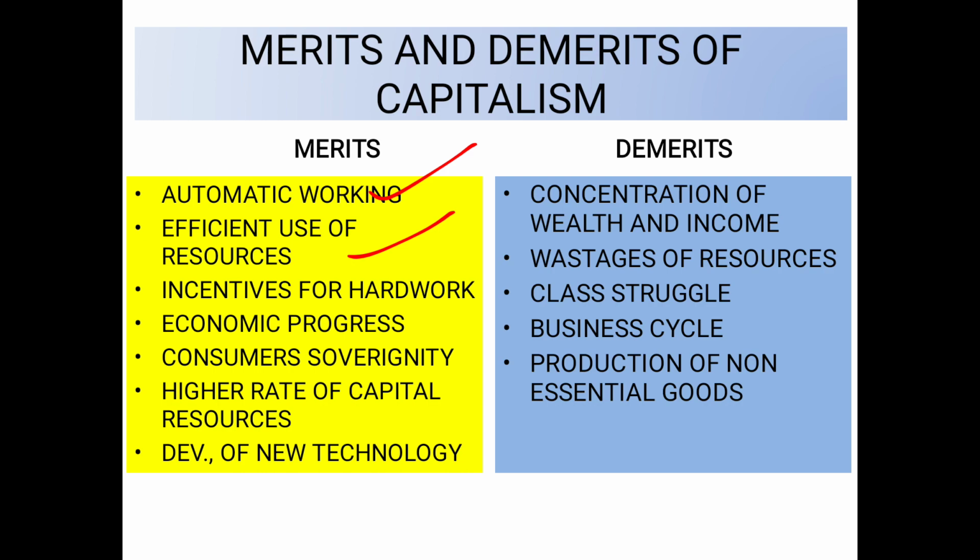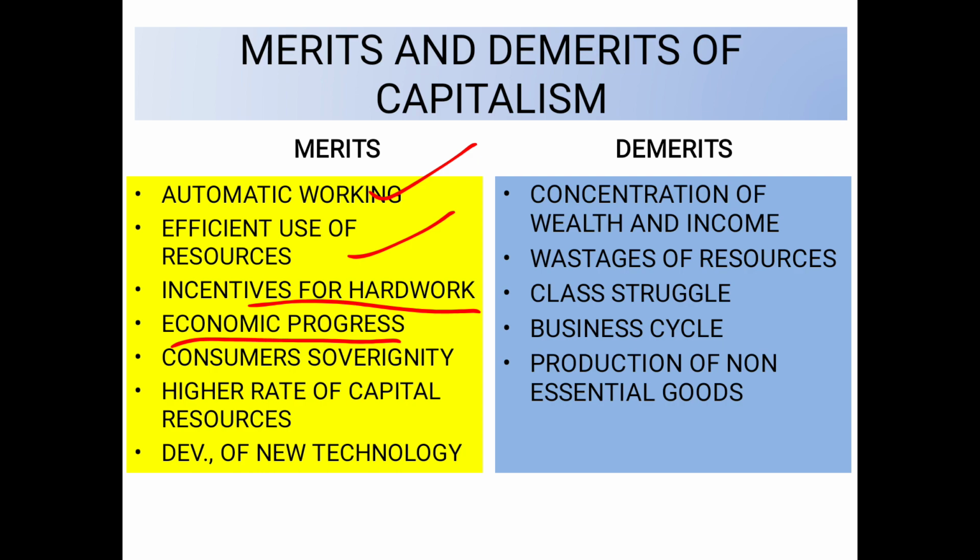Since each individual possesses the resource, they utilize that resource to the fullest extent. The next one is incentives for hard work. Those who work very hard are encouraged and they are awarded with the profit that an entrepreneur gets.